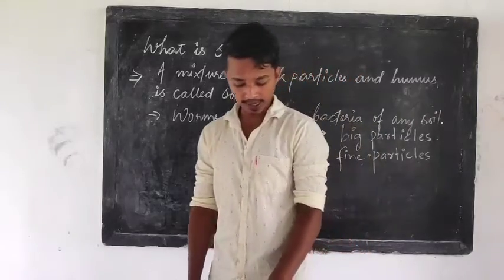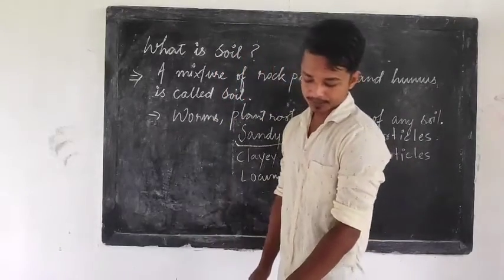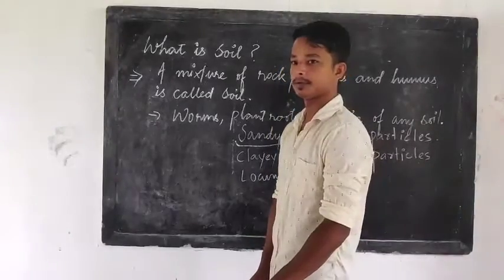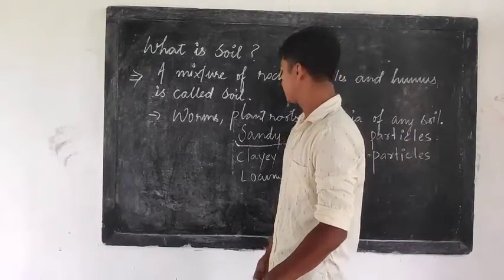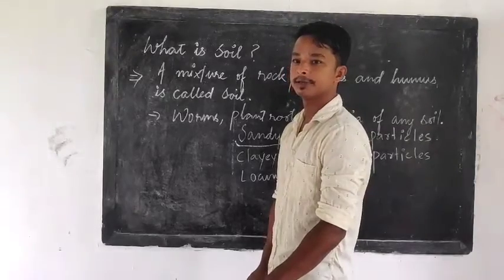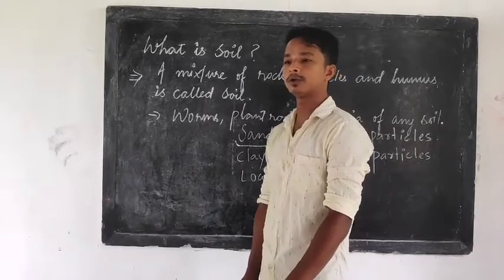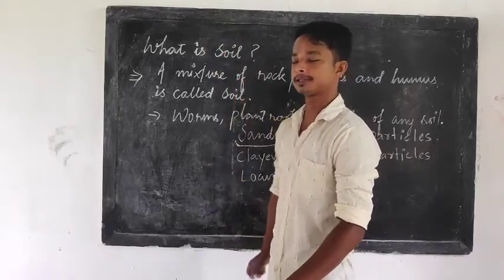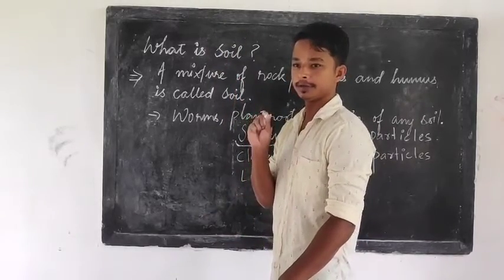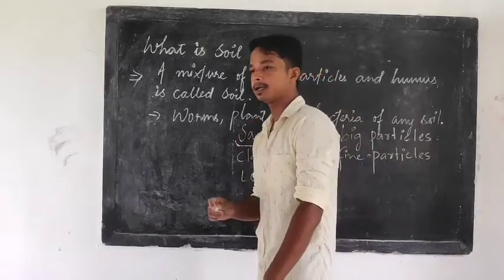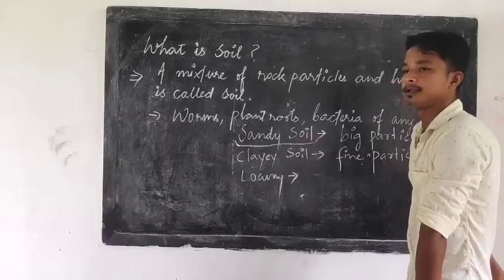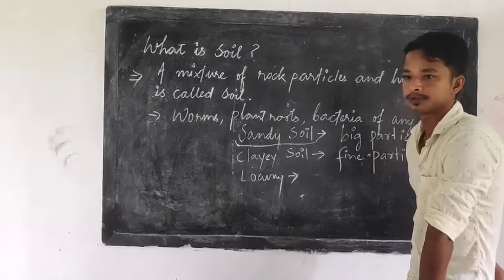Thus, soil can be classified into sandy, clay and loamy. How many types of soil do we have? Yes, we have 3. Sandy soil, clay soil and loamy soil.